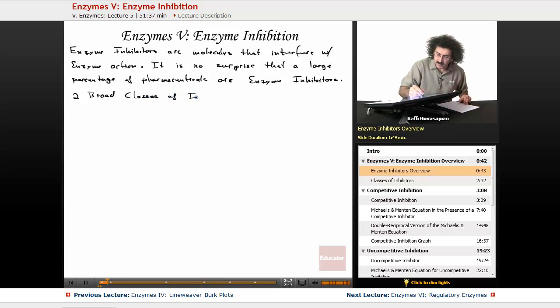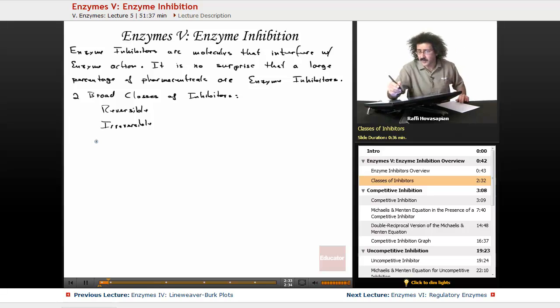Okay, so now there are two broad classes of enzyme inhibitors. We have something called reversible and, exactly what you think, irreversible. Now let's go ahead and deal with the reversible first. Reversible comes in three varieties.